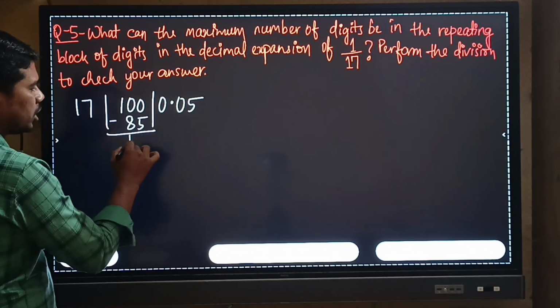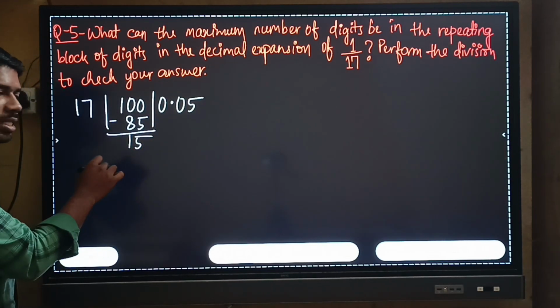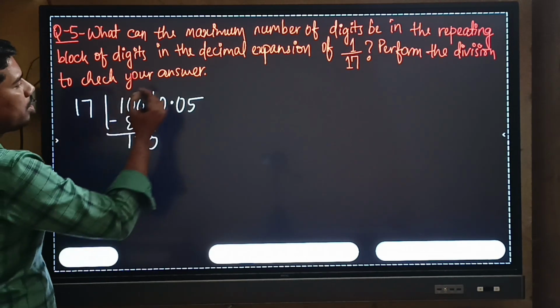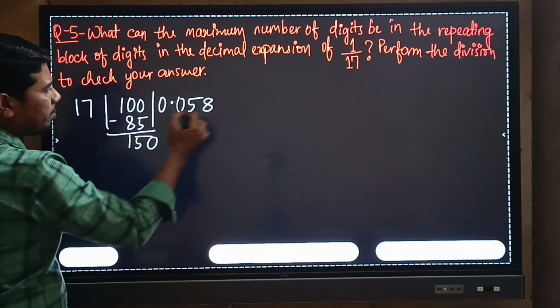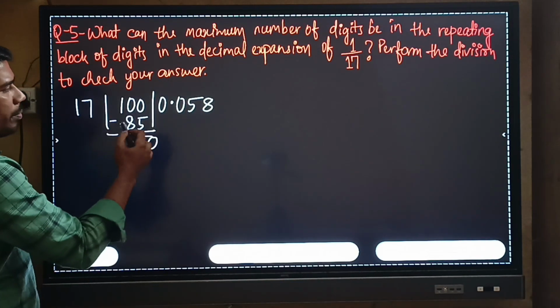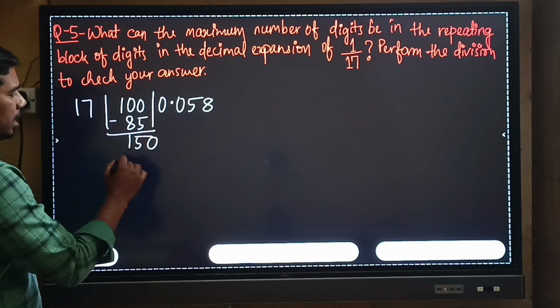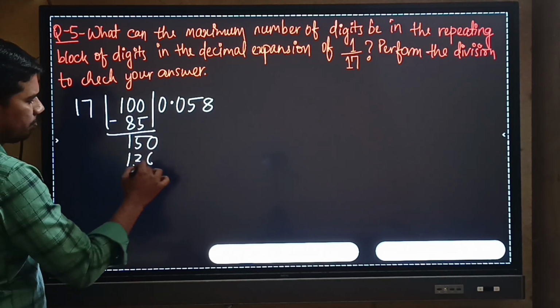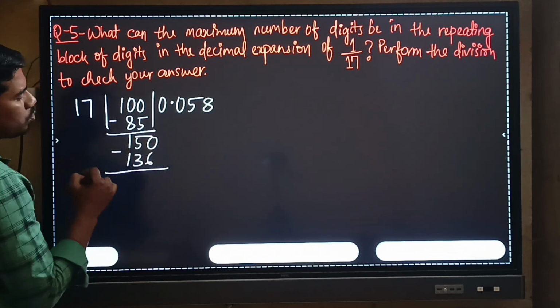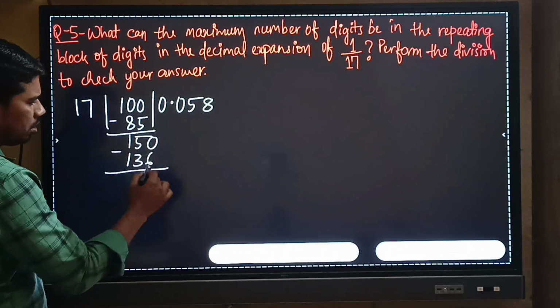It will subtract, the result is 15. 15 is there, point is there, it will become 150. 17 8s, because 17 9s is 153, which is greater than 150, so 17 8s is 136. If we subtract 150 minus 136, the result is what?